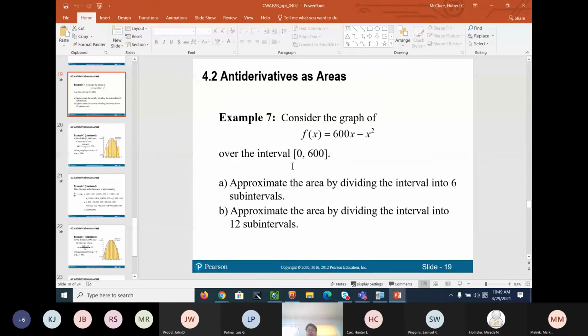F of x is equal to negative x squared plus 600x dx. I want you to find the antiderivative of negative x squared plus 600x dx, and give me the area between 0 and 600.